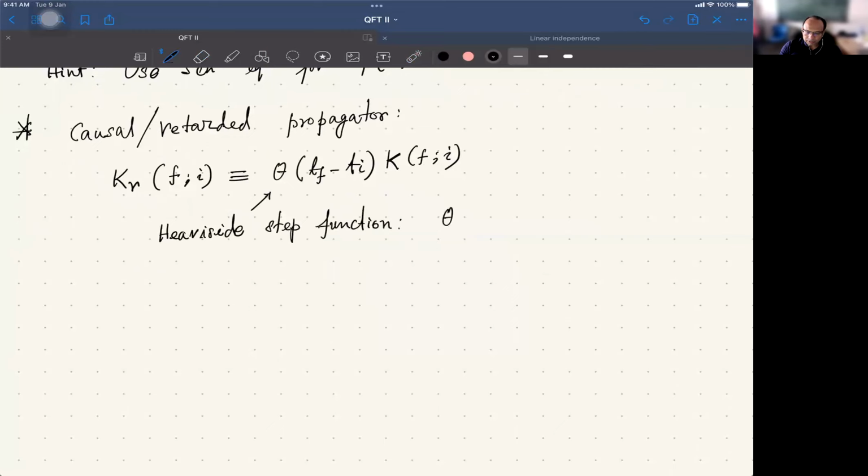It is given by theta(x) is 1 for x greater than 0 and 0 otherwise.